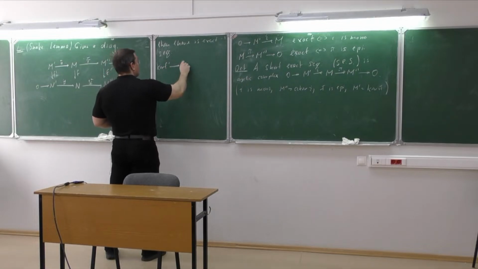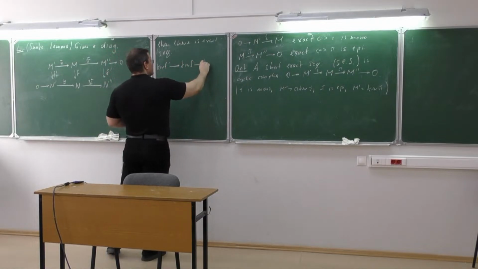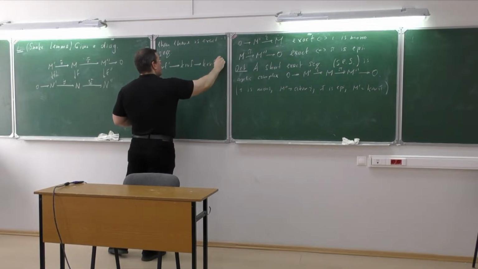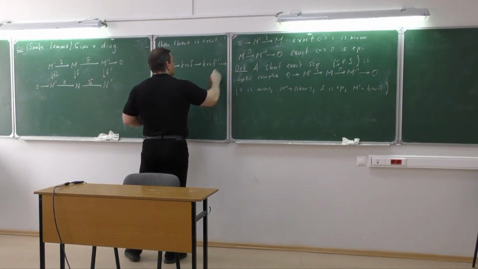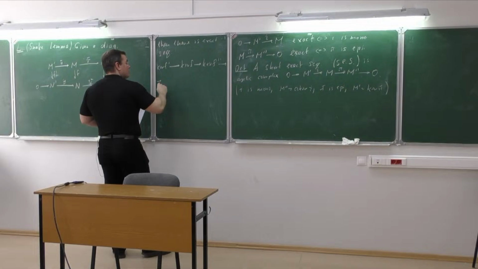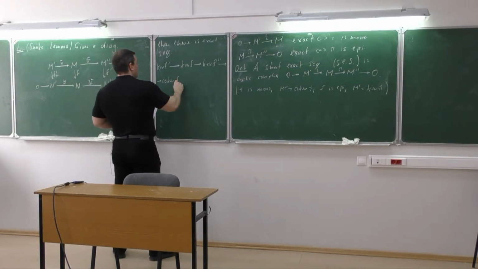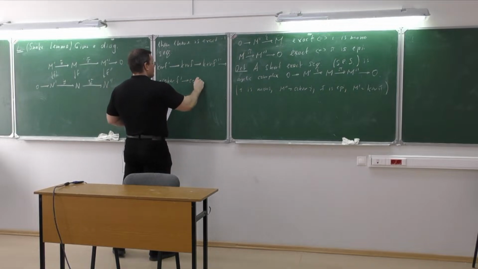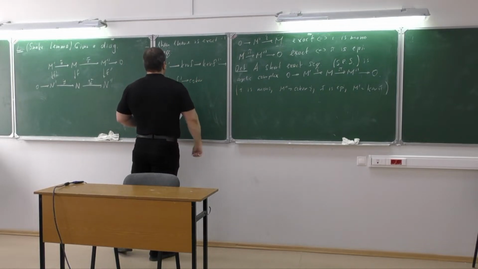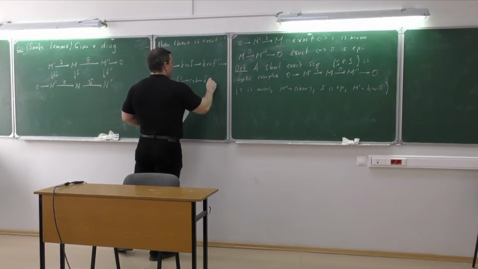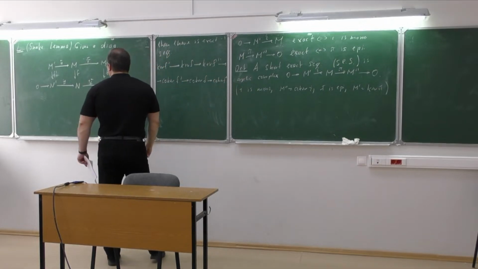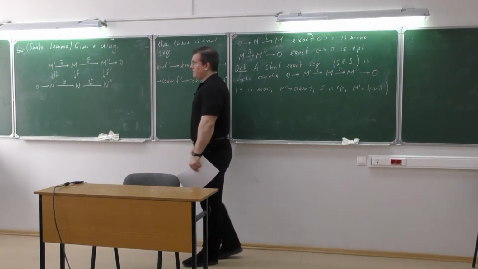This is mapped to the kernel of f. This is mapped to the kernel of f double prime. Then there is a map that maps the kernel of f double prime to the cokernel of f prime. This is mapped to the cokernel of f, and this is mapped to the cokernel of f double prime. So that's the statement of the snake lemma.